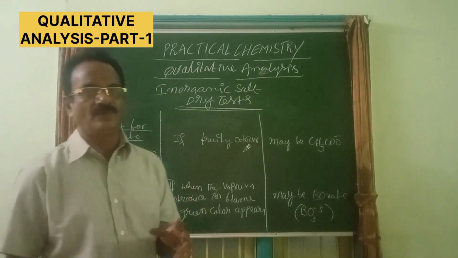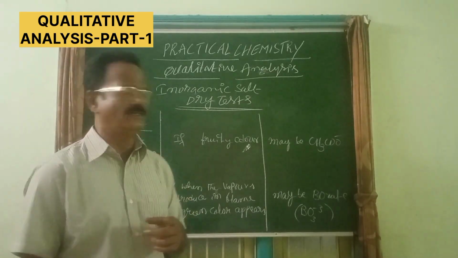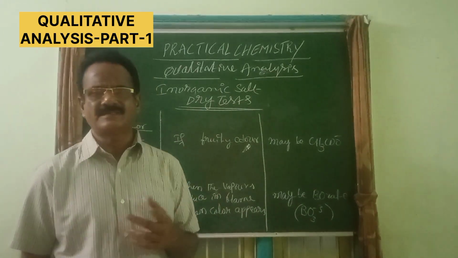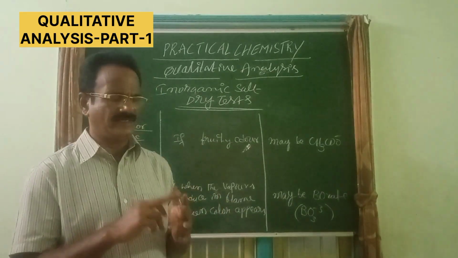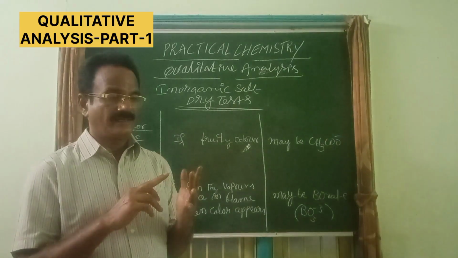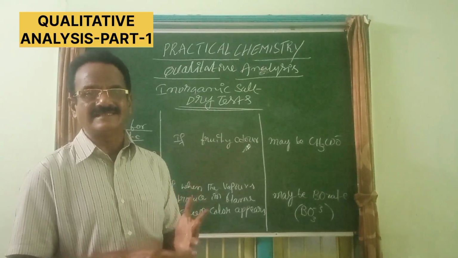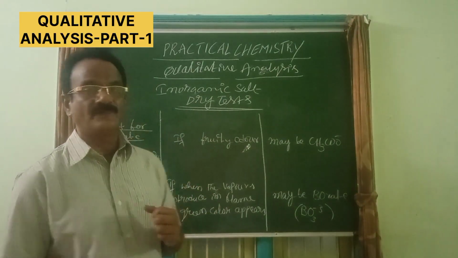So here up to now we have analyzed for almost 6 ions, I think: carbonate, chloride, bromide, nitrate, acetate and borate.